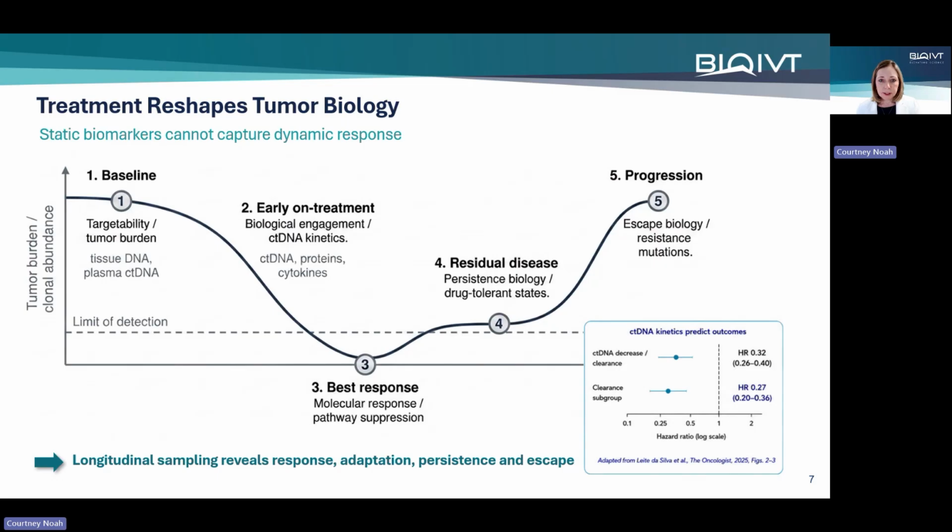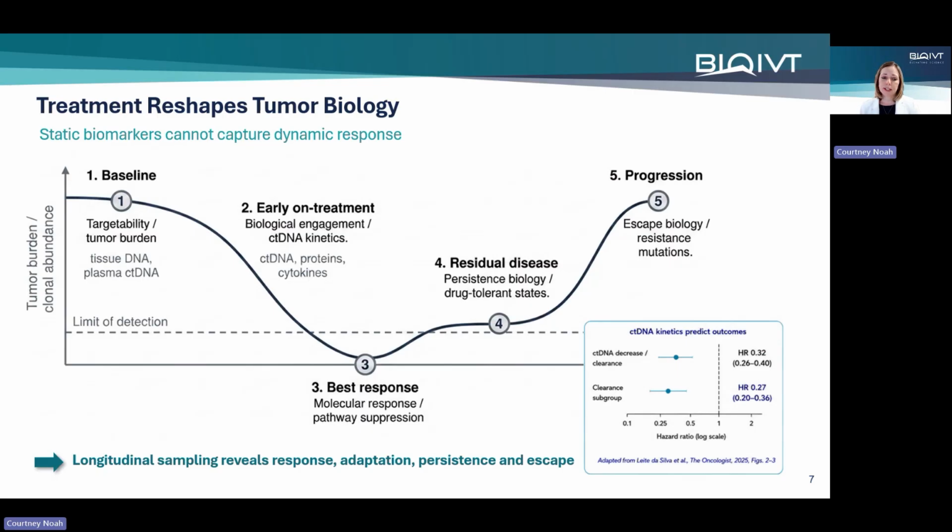The lower right figure here supports this clinically, and this is actually data that was part of a 2025 meta-analysis where they were looking at advanced non-small cell lung cancer, and they found that ctDNA decrease or clearance is highly predictive of improved survival outcomes. So specifically, ctDNA reduction was significantly associated with better overall survival and progression-free survival.